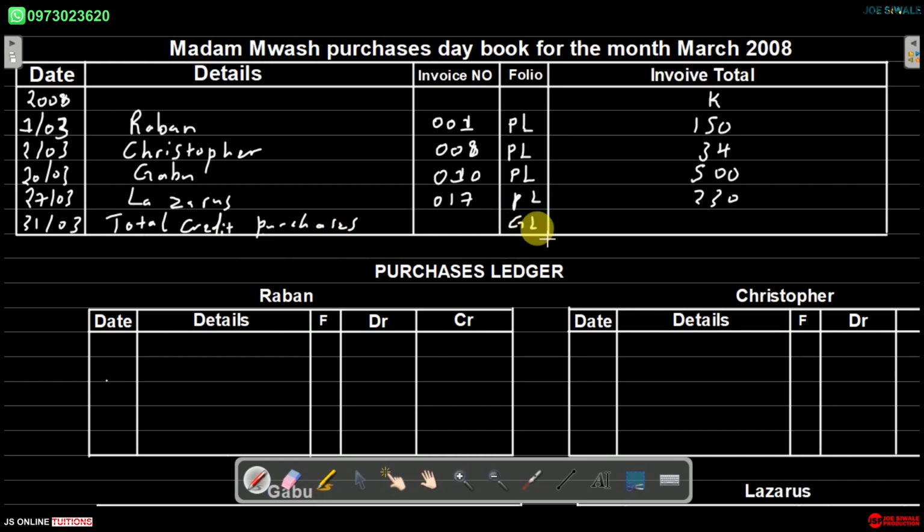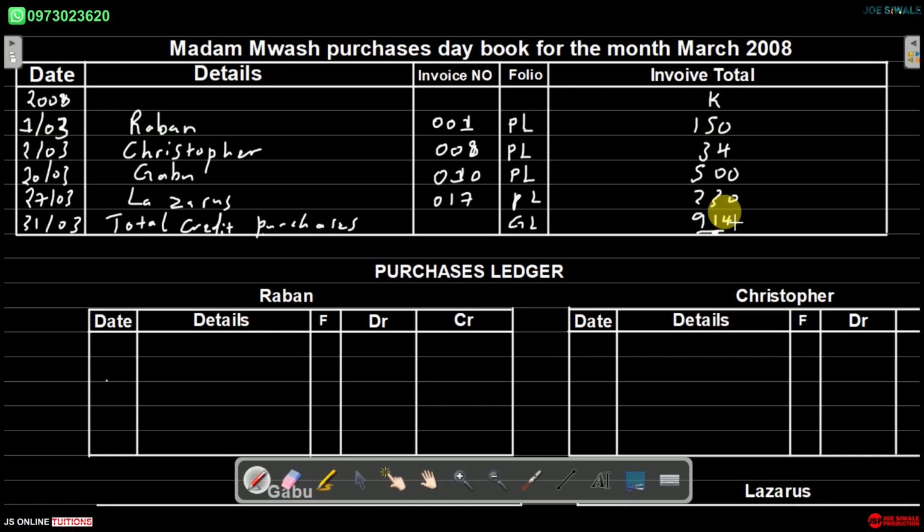So we'll say GL there, and to find the total credit purchases we're going to add our figures. So we'll say 150 plus 34 plus 500 kwacha plus 230 kwacha. So the answer that we are having is 914. So that's our answer. That's how you can write down the purchases daybook.